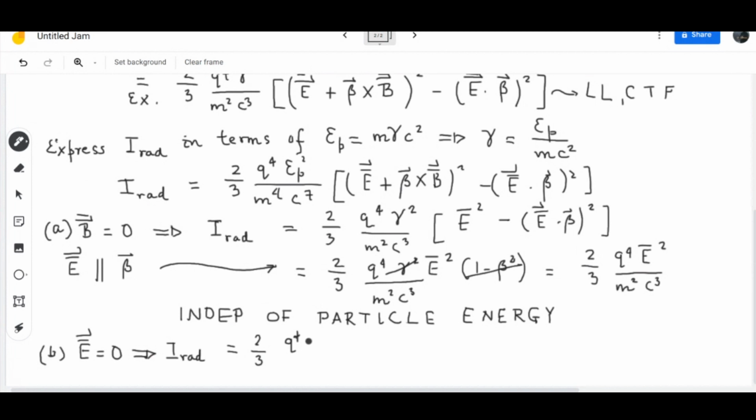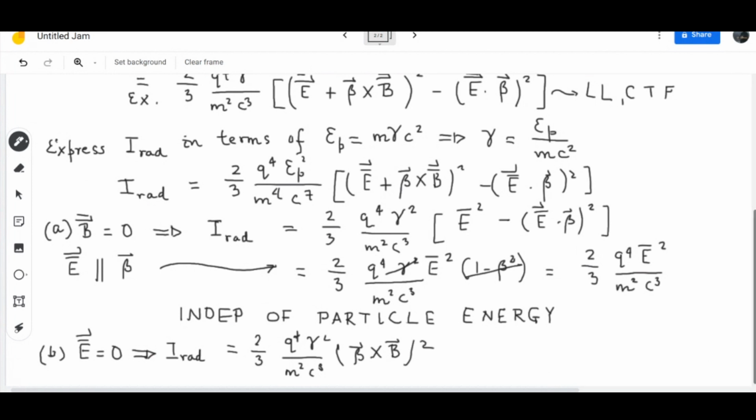I can write the gamma squared formula without any problem, and this one is simply beta cross B whole squared.